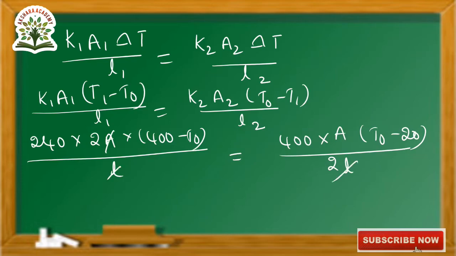L cancels, A cancels. Here we are cancelling each other, and again the zero will cancel.